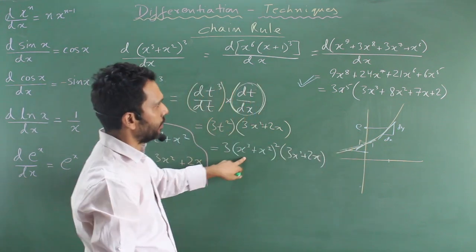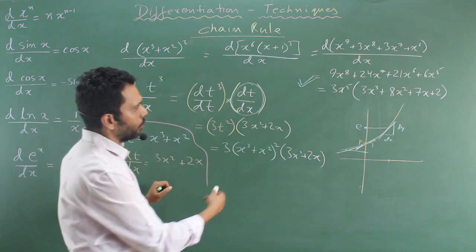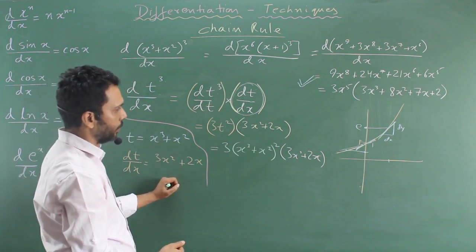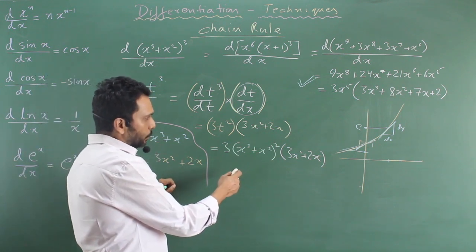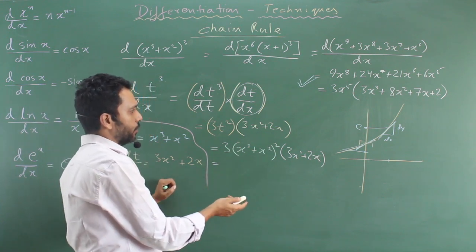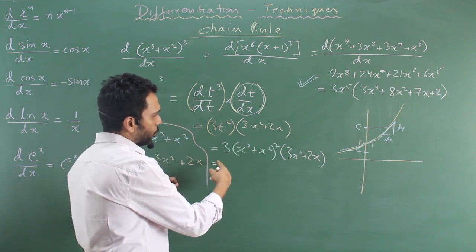I'm claiming that this answer and that answer is ditto same. Do you want me to work it out, or is it okay? Do you believe it, or we should work it out? What do you think? Just for this time, we'll work it out, to give you that effect.